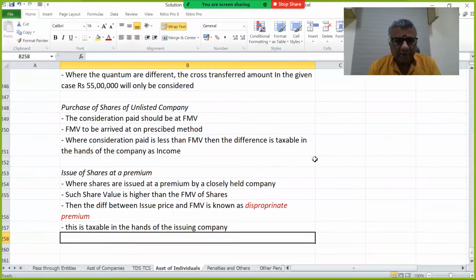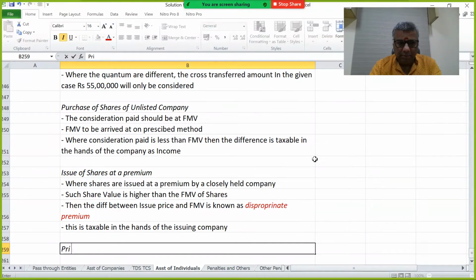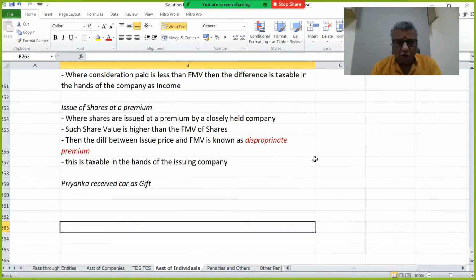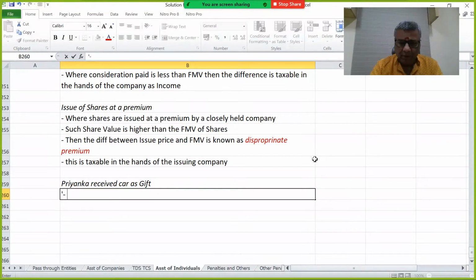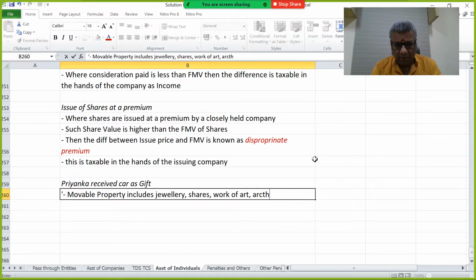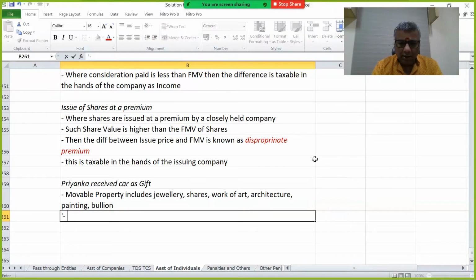Okay, next. Priyanka received car as gift. See, with regard to movable property, movable property includes jewellery, work of art, painting, bullion.